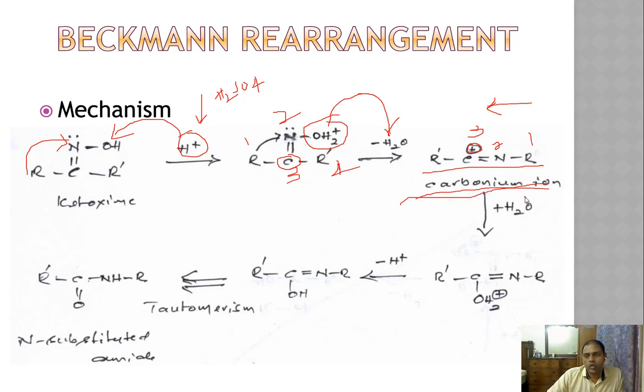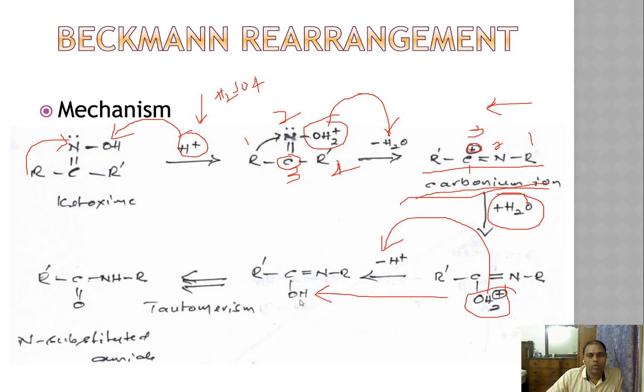Now one molecule of water is going to get added to this carbonium ion, to this carbon. So it is going to get converted to OH2 plus, and from this OH2 plus, only the proton is going to get removed, and that's how you get the OH bond over here.